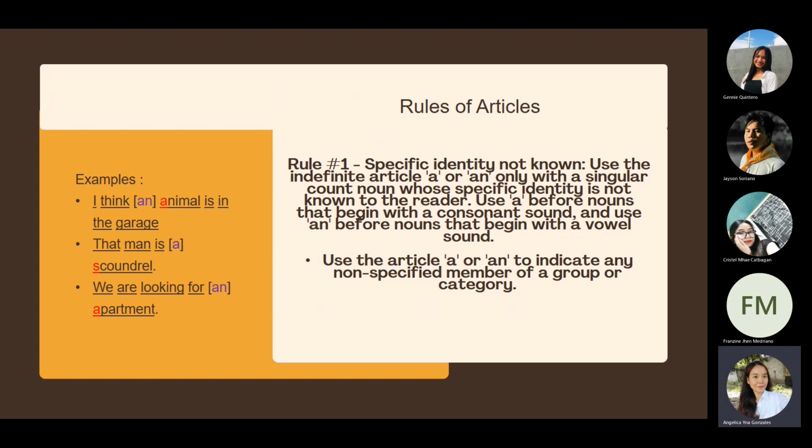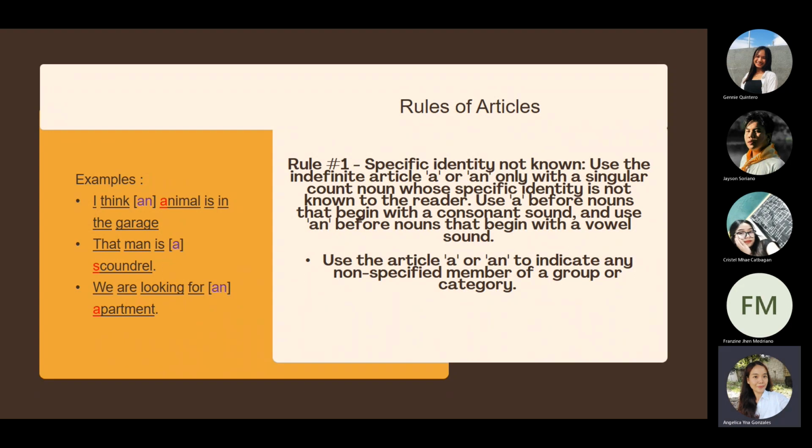Example, I think an animal is in the garage. So an is the indefinite article followed by a singular noun, animal, which is still unidentified or not specific.